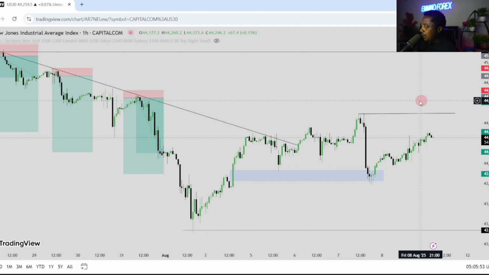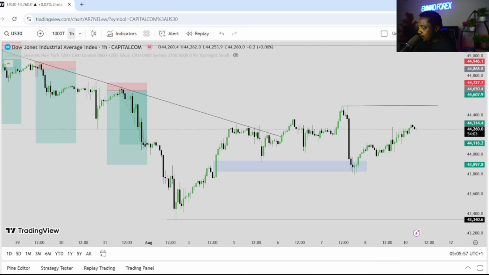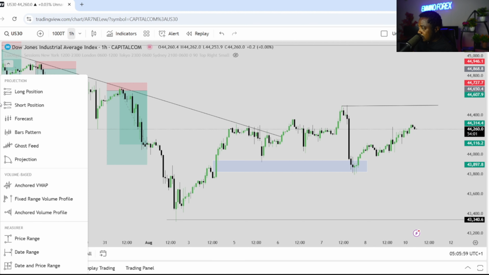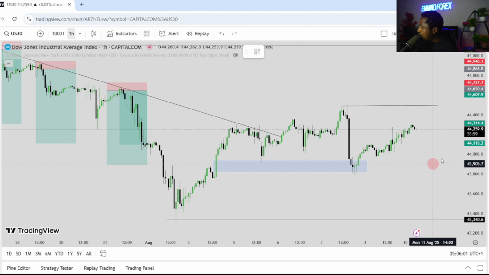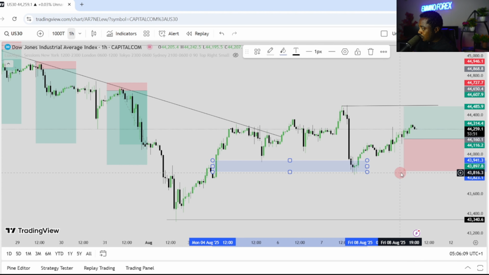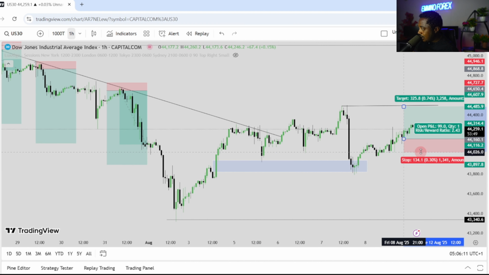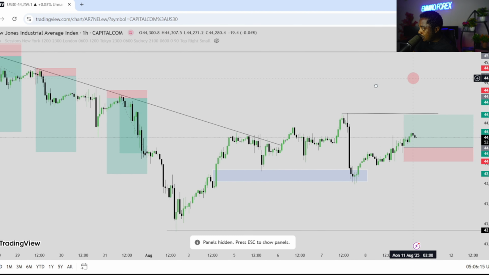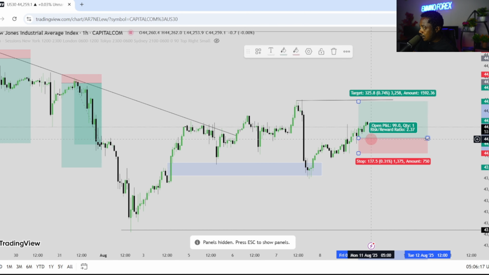This is a live chart, not a backtesting. So I'll be buying here. Once you understand this concept, once you learn it, you can't unlearn it. You just can't unlearn this concept.